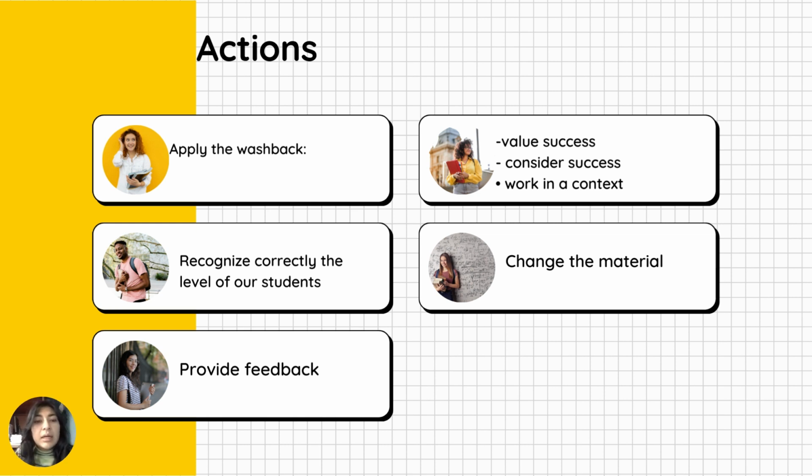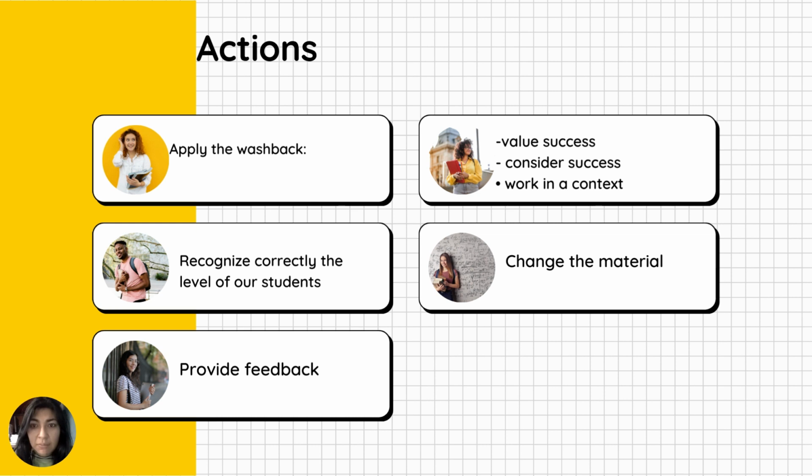Also, an action is to change the material, or if it's necessary, the teacher changes the material or changes the weight of the material used, or the weight of the material distributed among the students. Another action is to provide feedback on the topics that have been studied before.